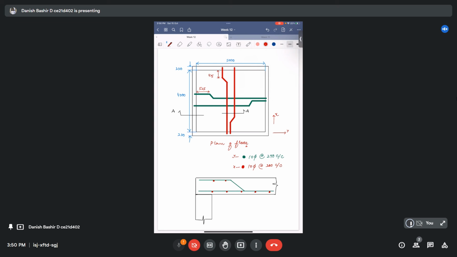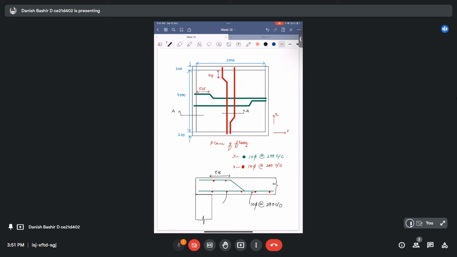This is 525. Bend is made at 525 mm, and this is 10 phi at the rate of 290 center to center.